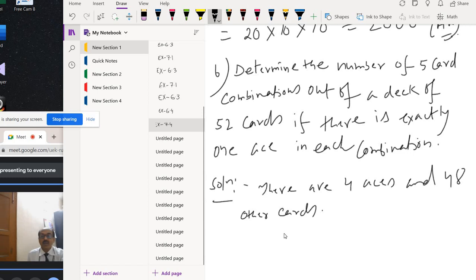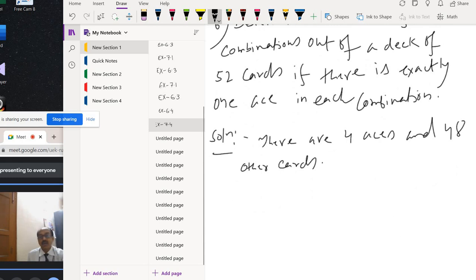So the total number of ways of selection is 4C1 into 48C4.